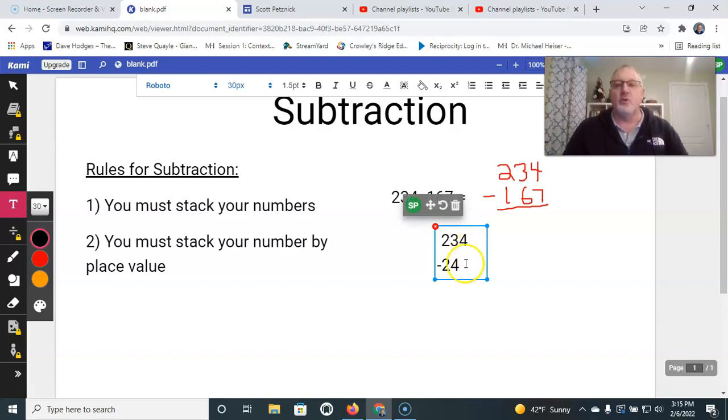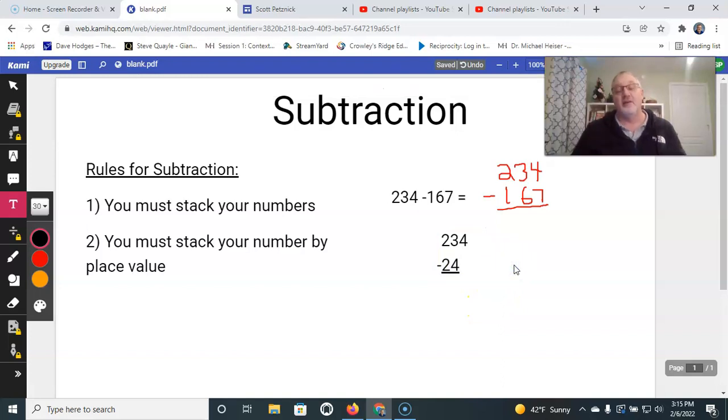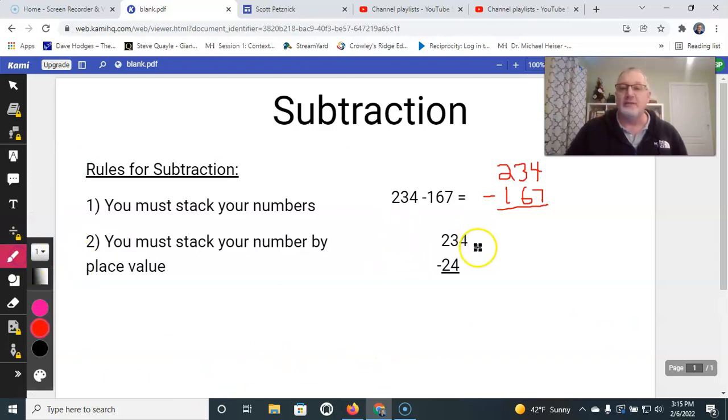And if you see what's going on here, this is super common, unfortunately. Kids don't understand that you cannot have numbers lined up that are not of the same place. The ones has to be in the ones place. That means this 4 has to be over here, and the 2 has to be here. The ones place has to be lined up, the tens place has to be lined up. We must stack our numbers by place value.